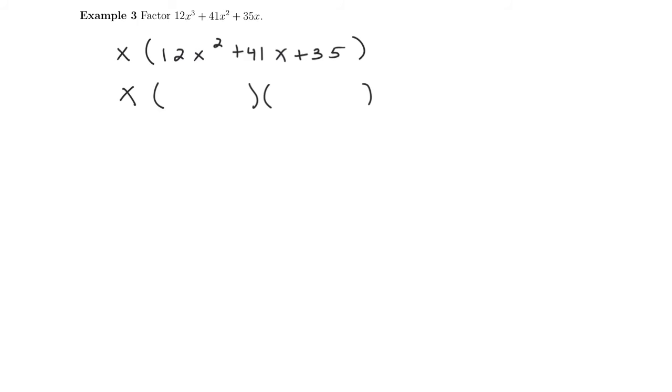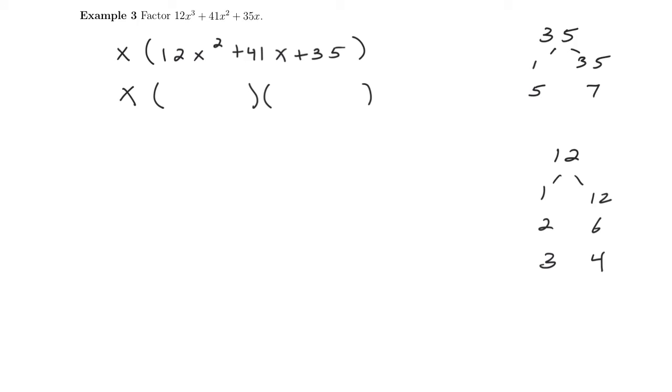For 35, I know we have options like 1 and 35, or 5 and 7, and for 12, there's a lot more here, but we have 1 and 12, 2 and 6, 3 and 4, so this gives us a place to go.